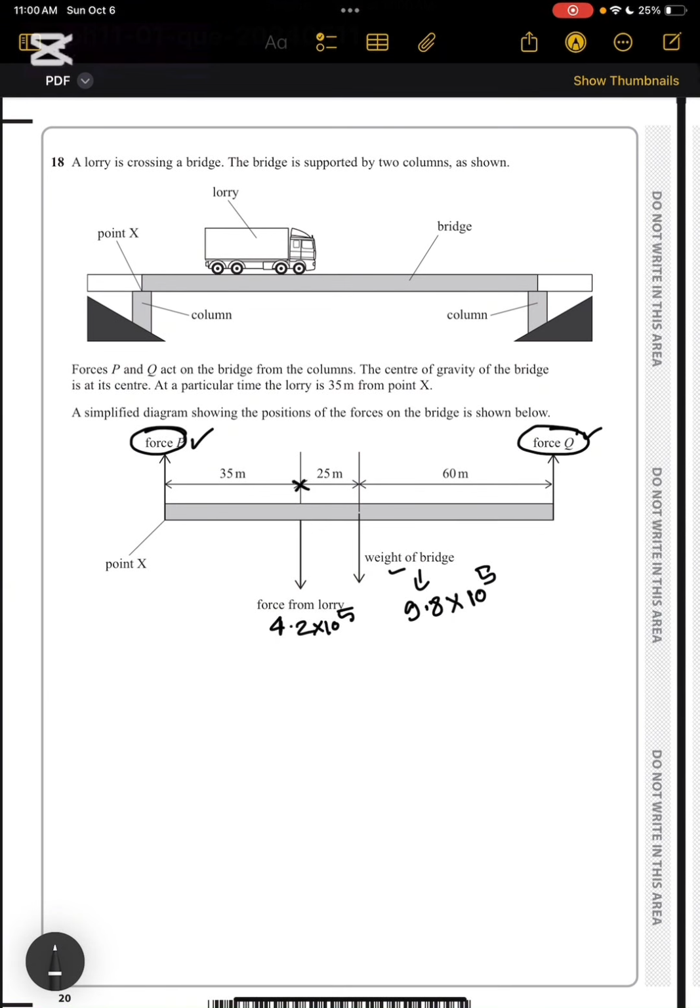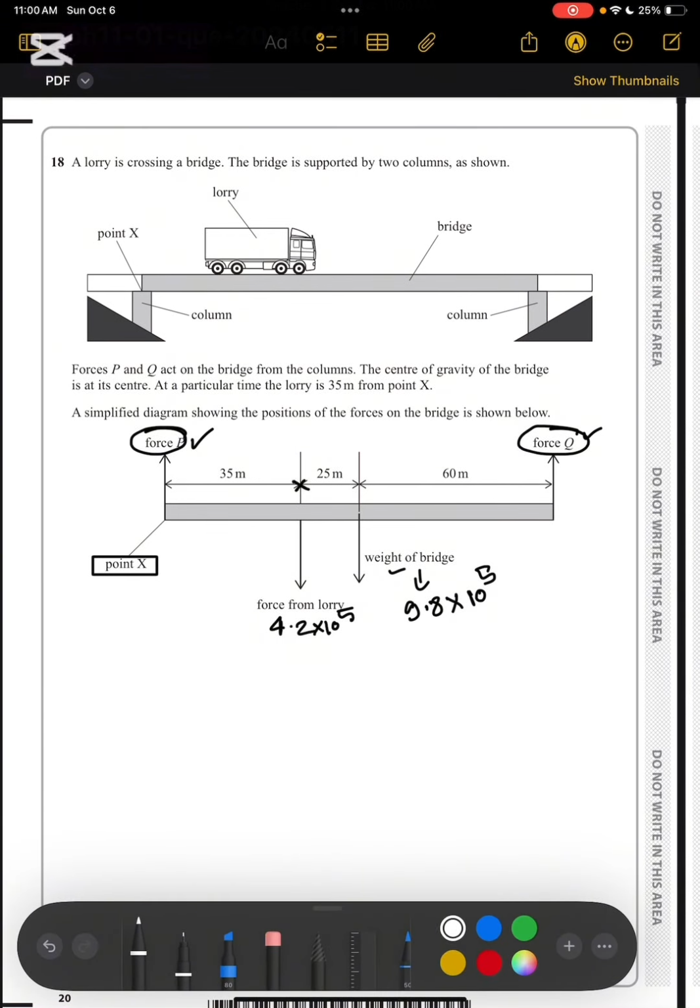And the thing is, this point X is going to be our pivot. So let's find out the total clockwise moment and the total anti-clockwise moment. We know that total clockwise moment is equal to total anti-clockwise moment.